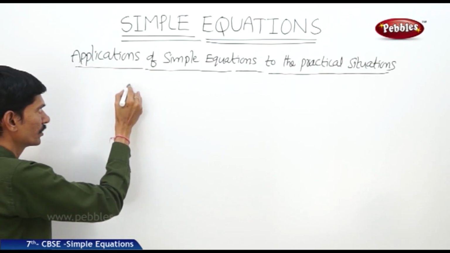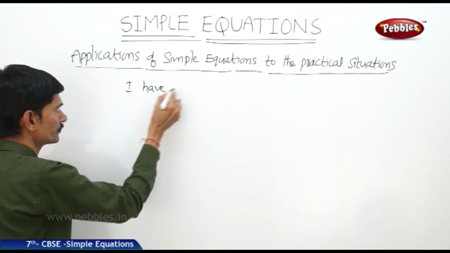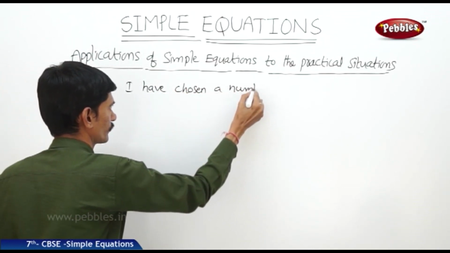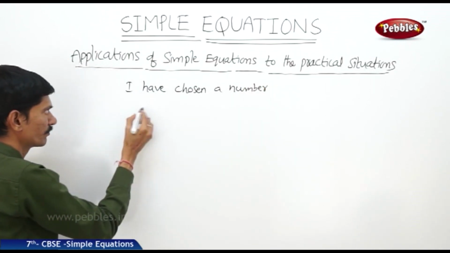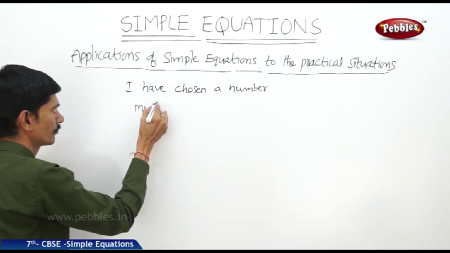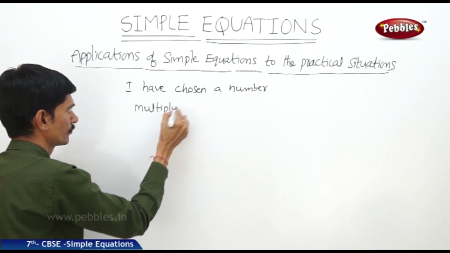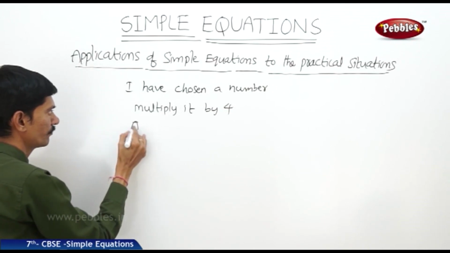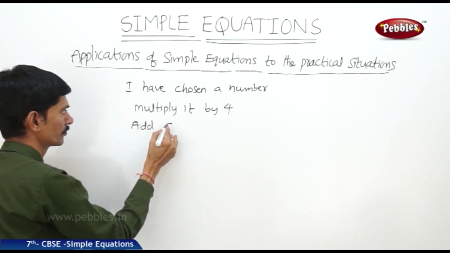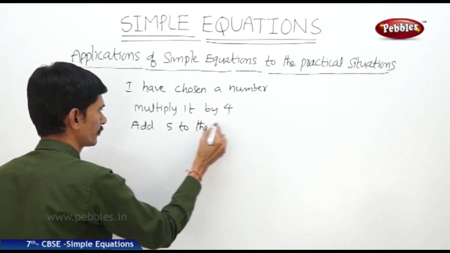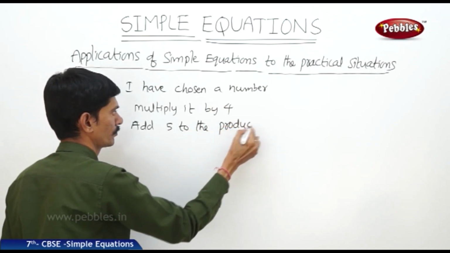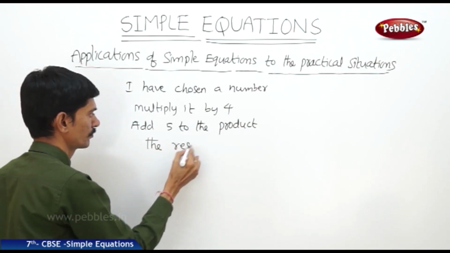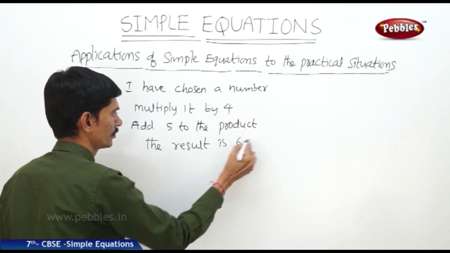I have chosen a number, multiply it by 4, add 5 to the product, the result is 65.